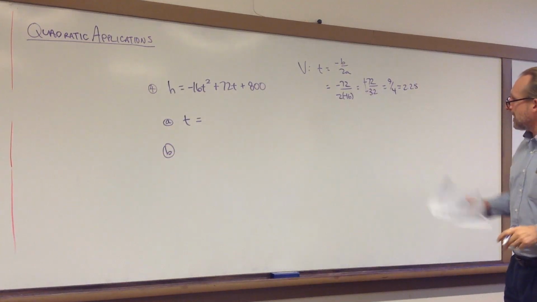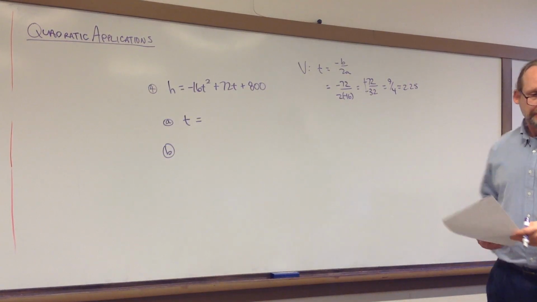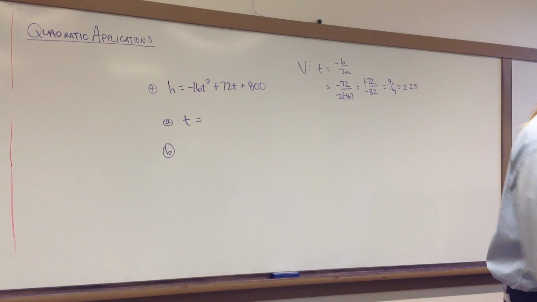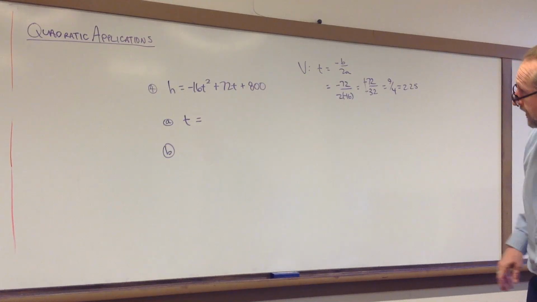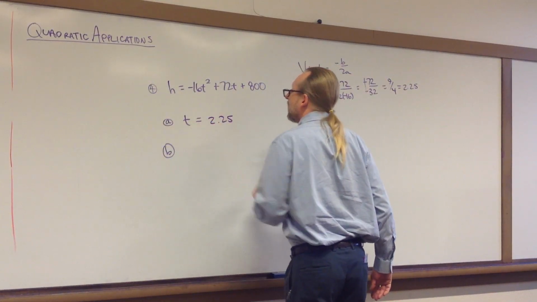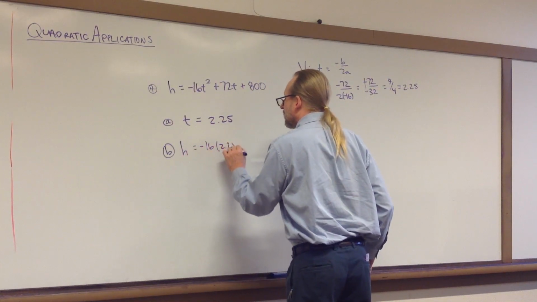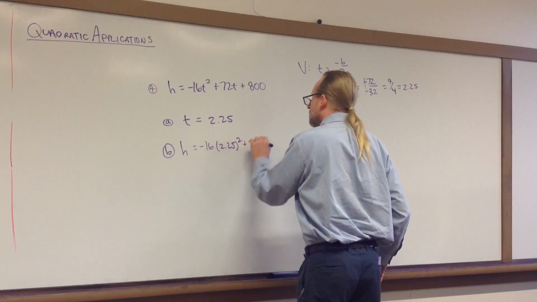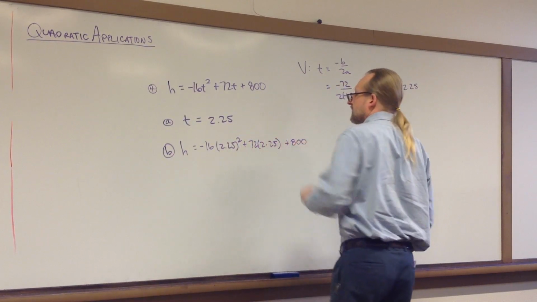If you do 72 divided by 32, you should get 2.25. Let's double check that. Yeah, good. So t is 2.25. Now for the height, we need to plug it in here: 2.25 squared, 72 times 2.25, plus 800.